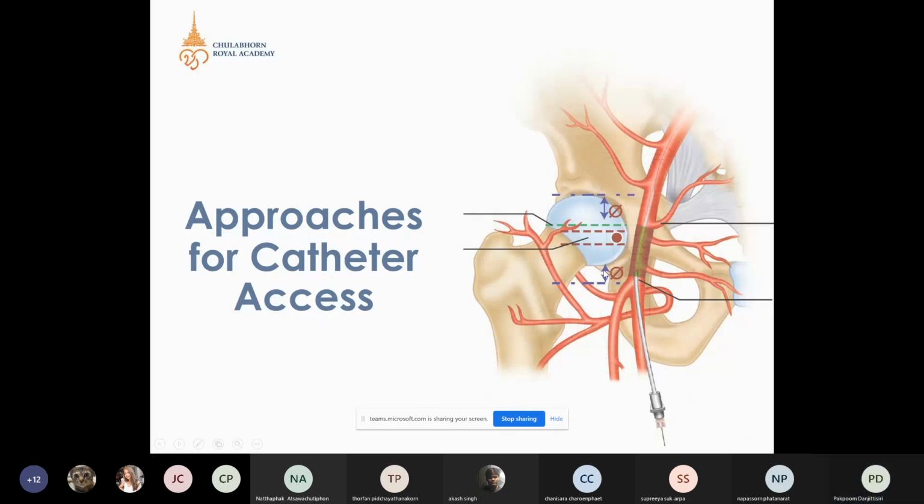Okay. If a doctor wants to insert diagnostic catheters or an ablation catheter inside the heart, definitely the doctor needs to find a suitable catheter access to approach the heart.